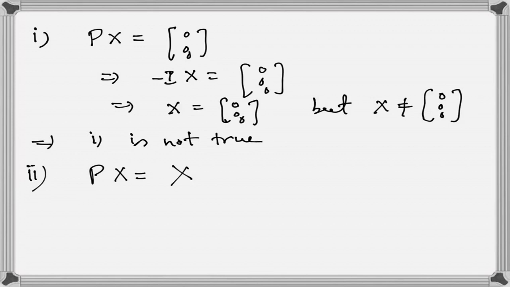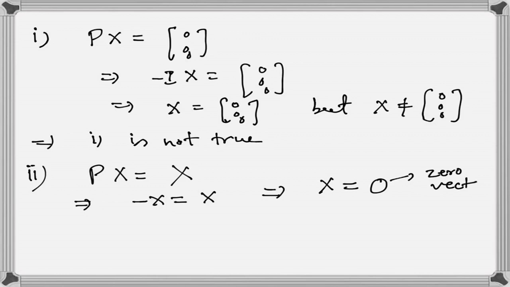Since P is minus I, Px is minus x is equals to x. This implies that x is again 0, and here 0 is a 0 vector, but x is non-zero, right?